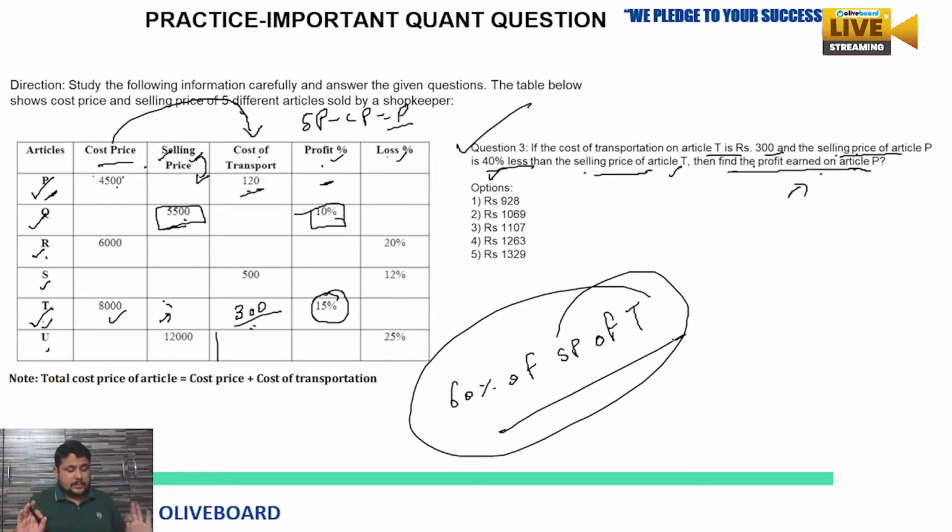Everyone, is this clear? Do let me know fast. 60% of the selling price of article T. Are you getting my point?